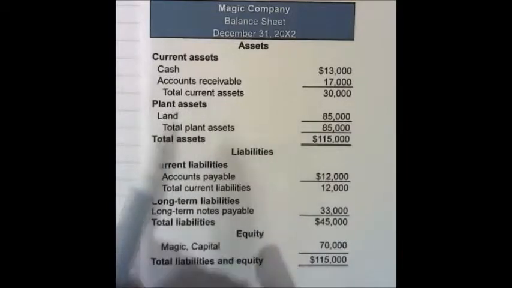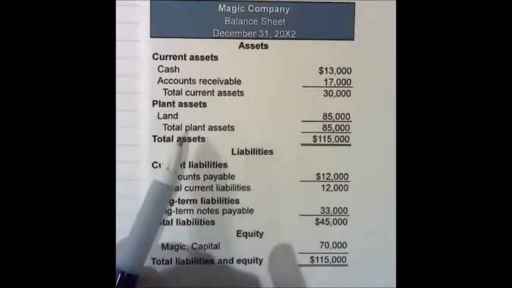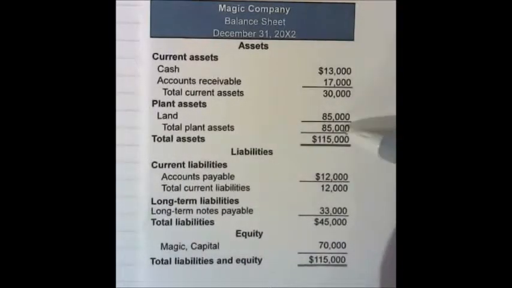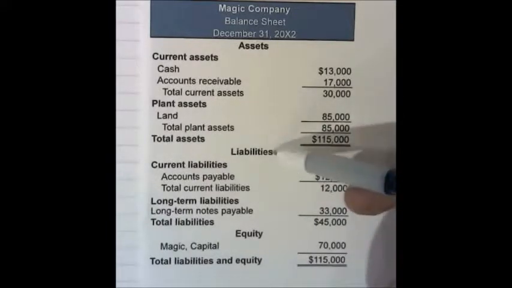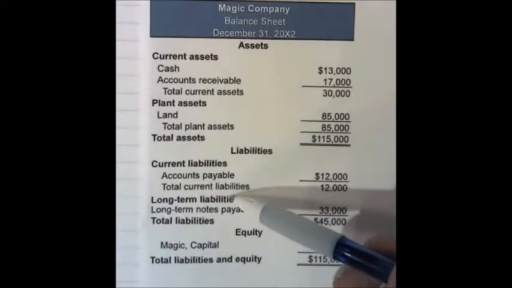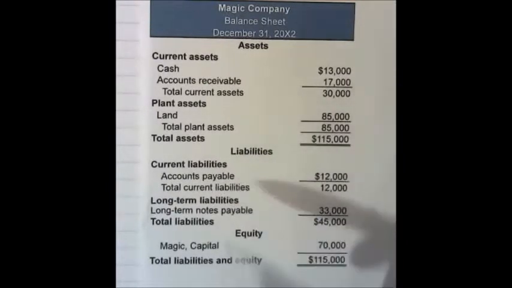So we call that a plant asset. Now this is a very simple balance sheet, so it's just total current assets and total plant assets. We add them to come to the $115,000. Same with liabilities. We divide them into current liabilities and long-term liabilities. Current liabilities are things that we're going to pay within the next year, and long-term liabilities are things that we're going to pay outside of a 1 year period.